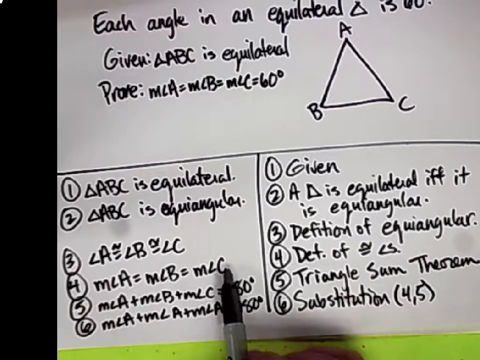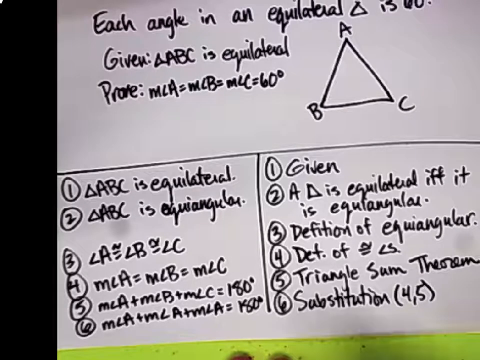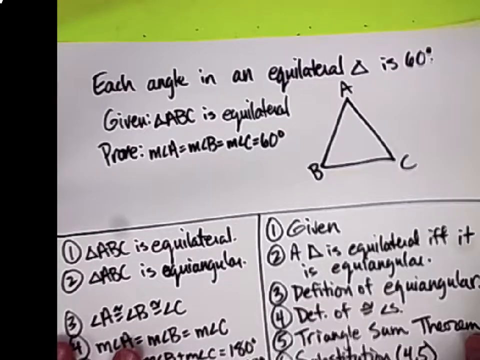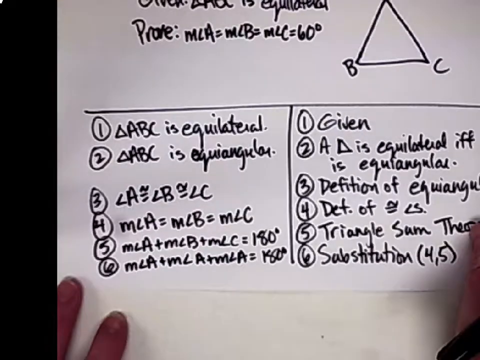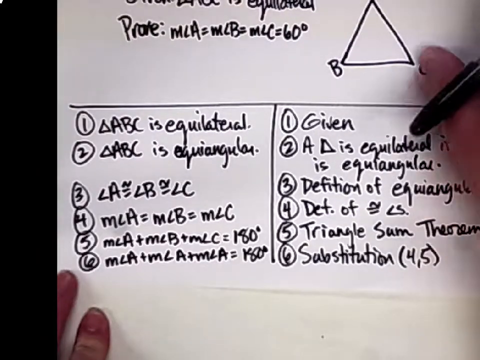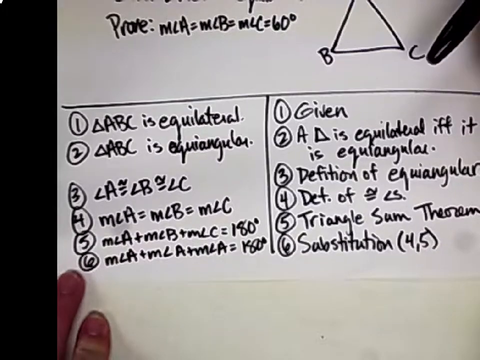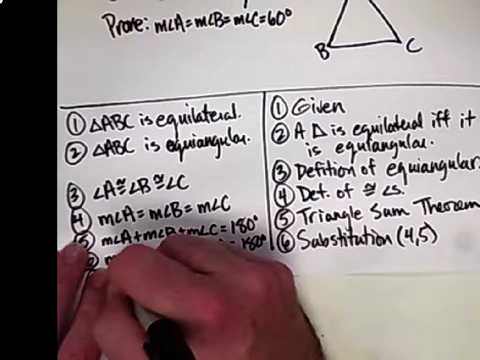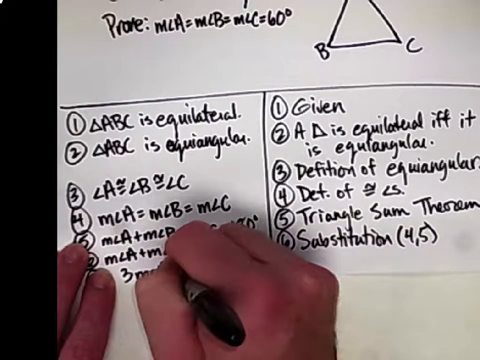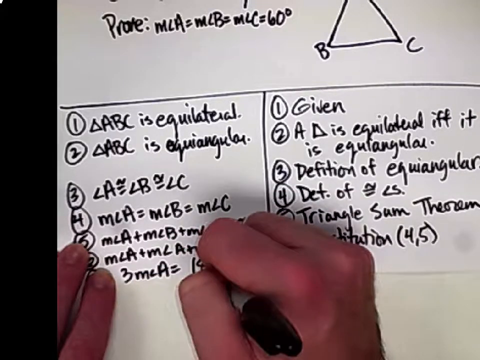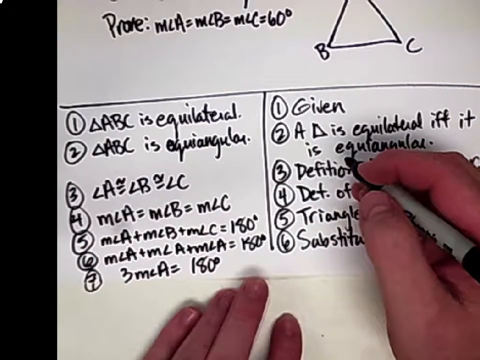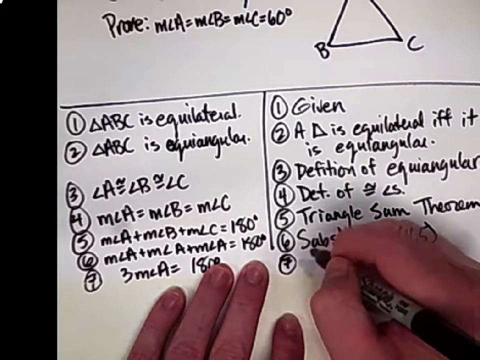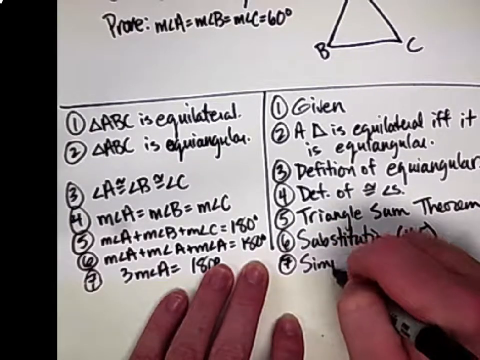Since A is equal to all those, I plug A in for all of them. Well, what's the measure of angle A plus the measure of angle A plus the measure of angle A? It is 3 measure of angle A's equals 180, right? And that is just called, I call it simplification.